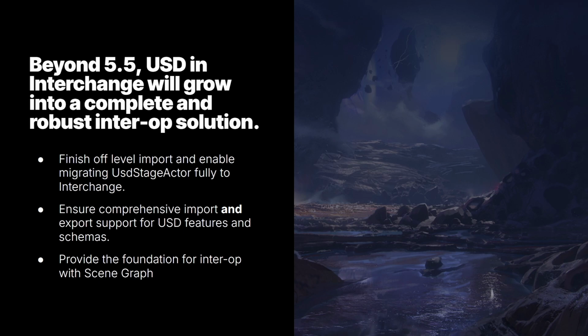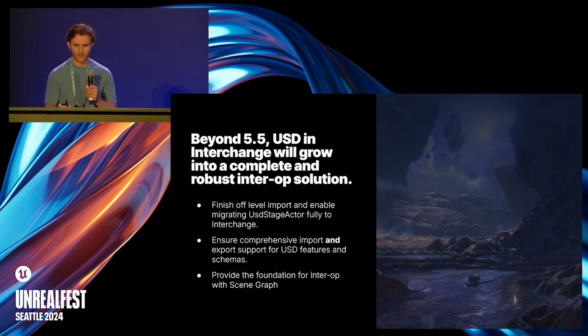Everyone has a slightly different idea of what they need exported from the engine. So if you have specific needs, not all, like I mentioned, Unreal asset types can be natively represented in USD. So we'd love to talk with you about that. And finally, migrating to interchange is going to be an important first step in interoperability between USD and UE's new scene graph.